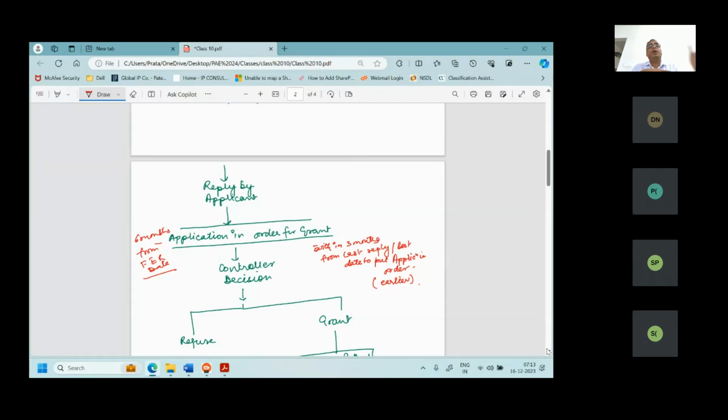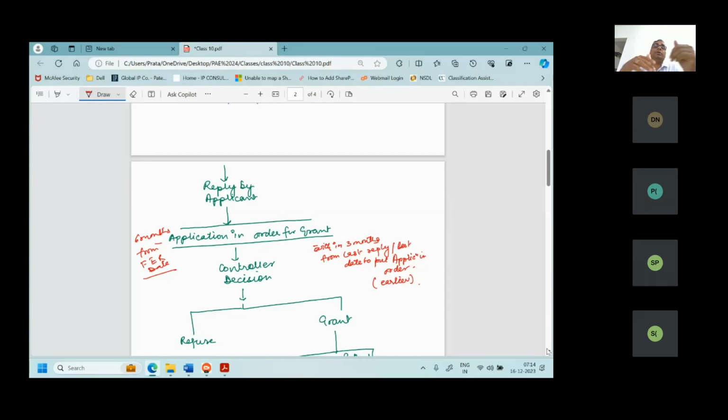It's up to you. And from the date of FER, your deadline to put your application in order for grant starts. It is 6 months. When I say application in order for grant, that means you have to comply with all the requirements and satisfy all the objections which have been raised. This is called application in order for grant. This timeline can be extended only for 3 months.